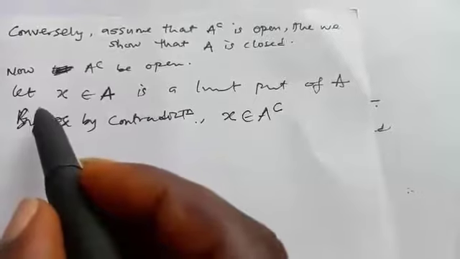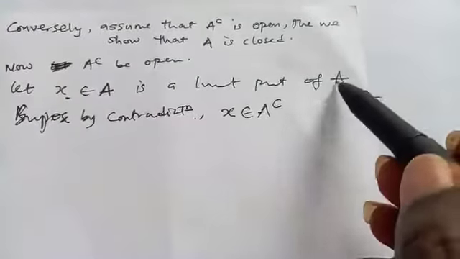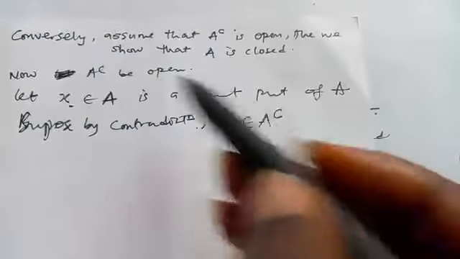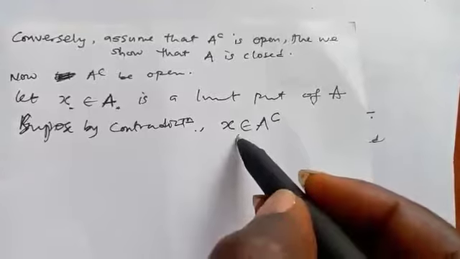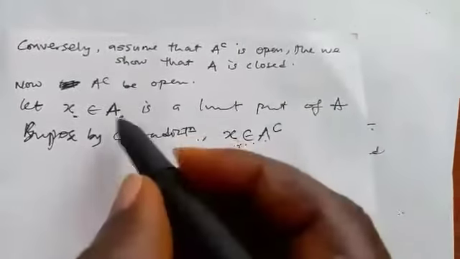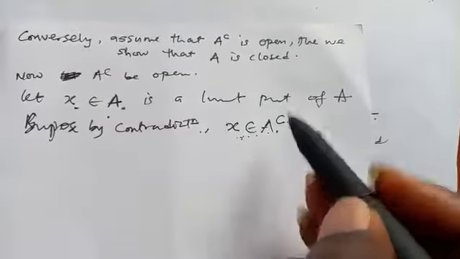We have said here that S is a limit point, so we now want to show by contradiction that S is not a limit point. Here we have assumed that S does not belong to A, so definitely S will belong to A complement.